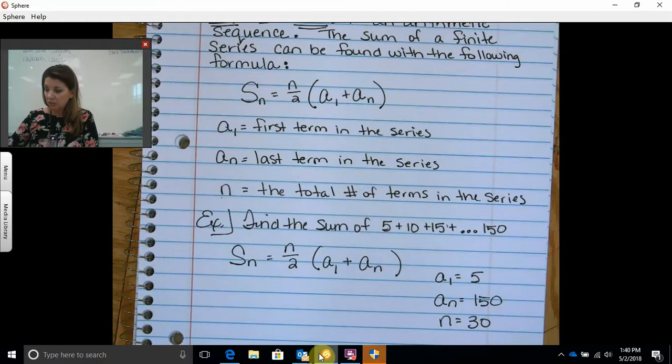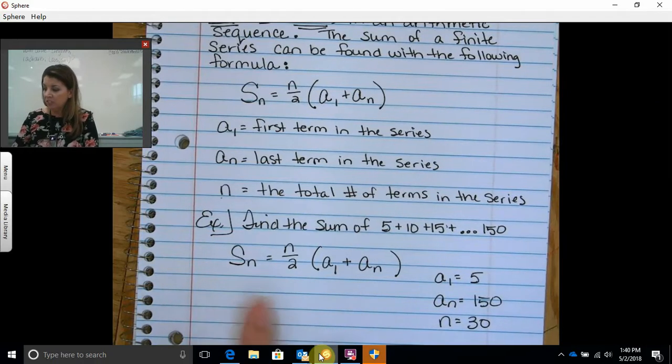All right? So this S sub n, we're looking for the sum of the first 30 terms of the series. That n is 30.